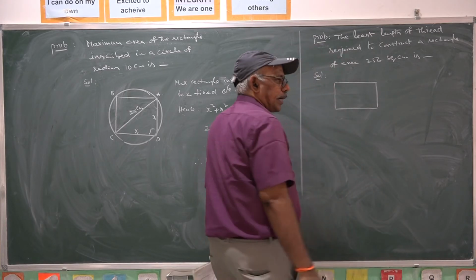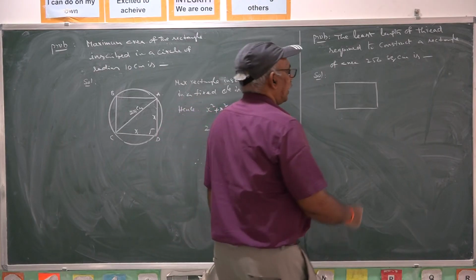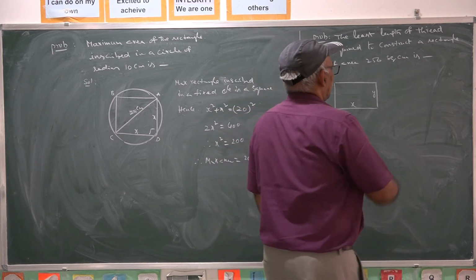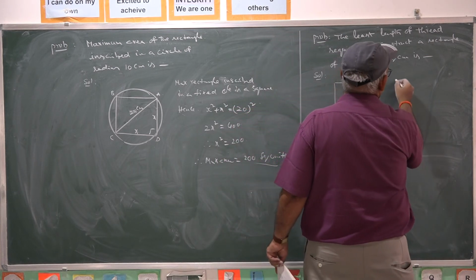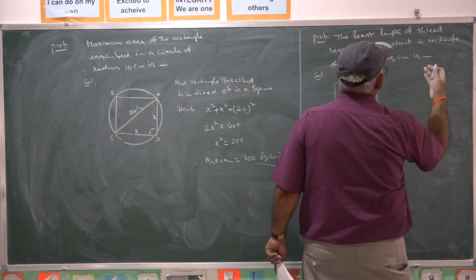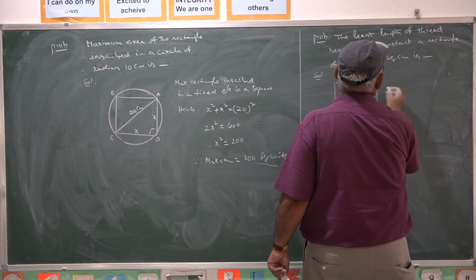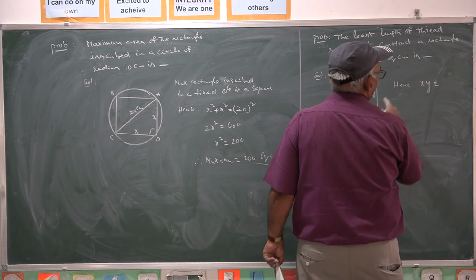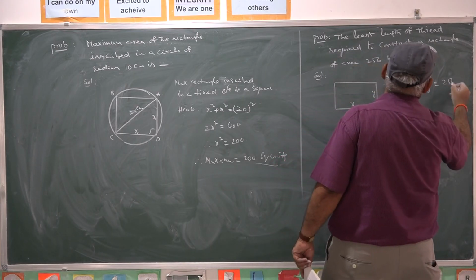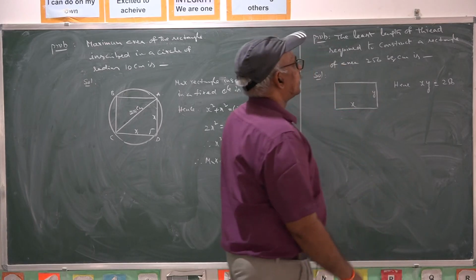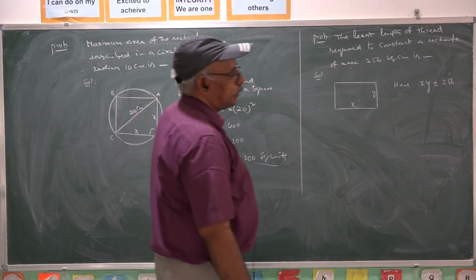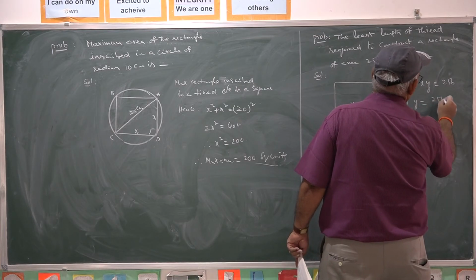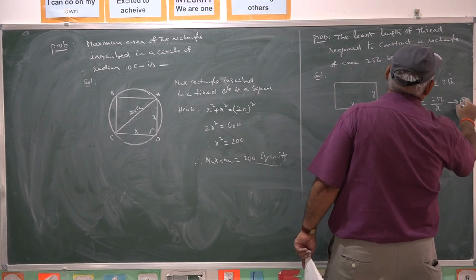With the help of a thread, a rectangle is constructed. Let us suppose the dimensions of the rectangle are x and y. The length of this thread must be least here. Given the area of the rectangle xy equals 256, y in terms of x is 256 by x, let it be 1.